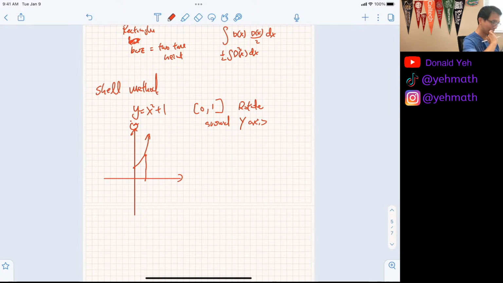If you're still able to see, okay. Let's try to do disk and washer here. Now the problem is you rotate in this direction, so it's not the x direction. So disk and washer is quite hard. Just be careful. This will be a good practice if you understand how to do disk and how to do washer.